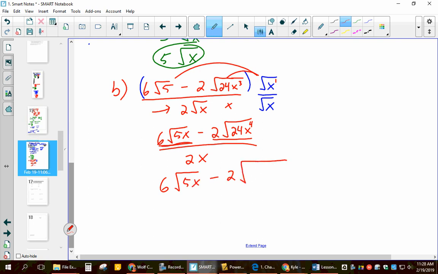What am I going to split that 24 up as so I can take some stuff out? 6 and 4, so 4 times 6. What about x to the 4? I could go 2 and 2, but we can just leave it. I know what the square root of x to the 4 is. So it's already good. I can take that out the way it is. So I'll just leave that as x to the 4. That's all over 2x.